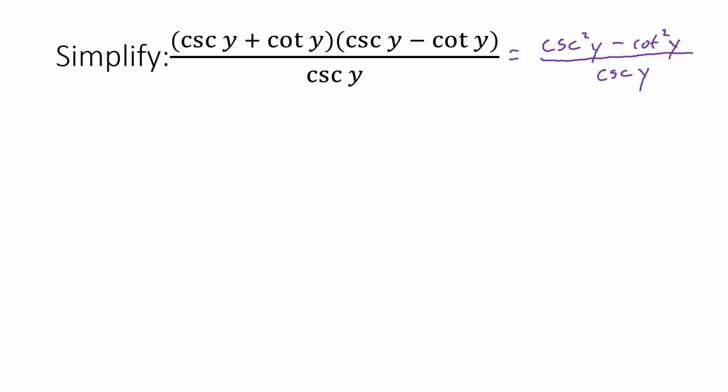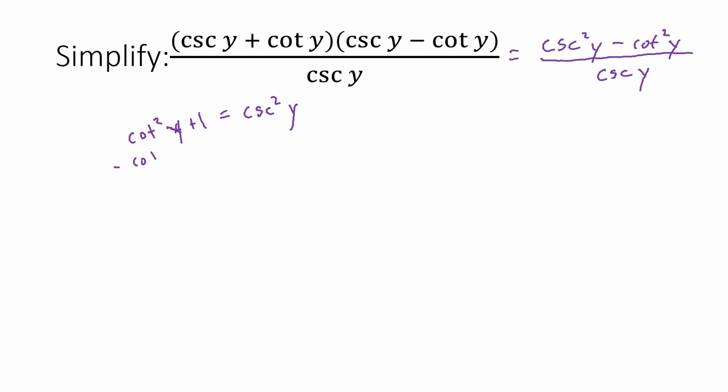Just like in the other problem, cosecant squared minus cotangent squared is an identity. So we're either doing algebra or we're using an identity. Now, because we have them memorized, we remember that cotangent squared plus 1 is the same as cosecant squared.